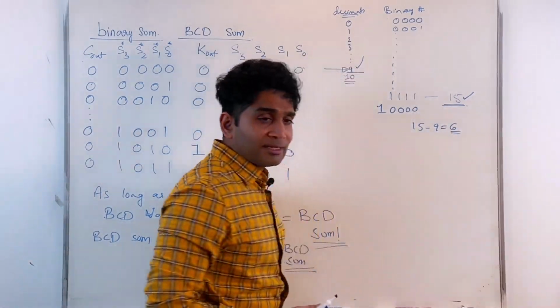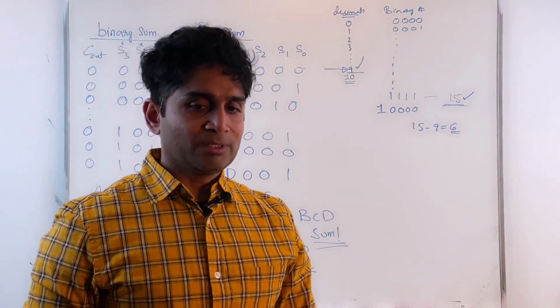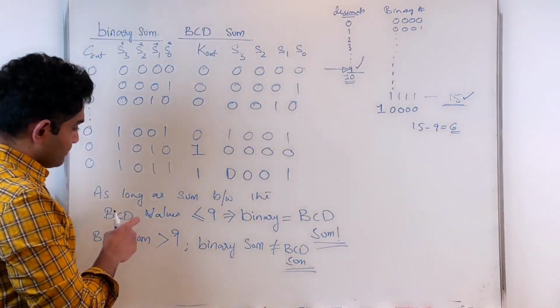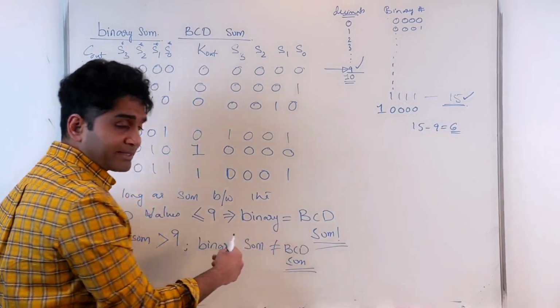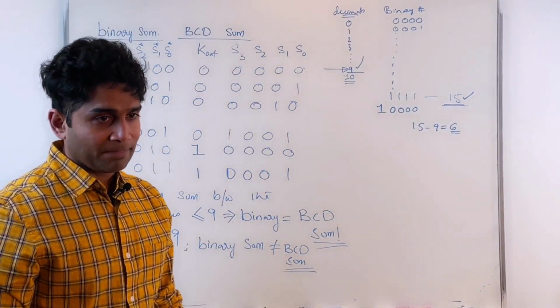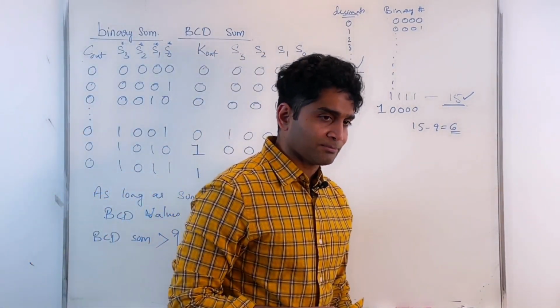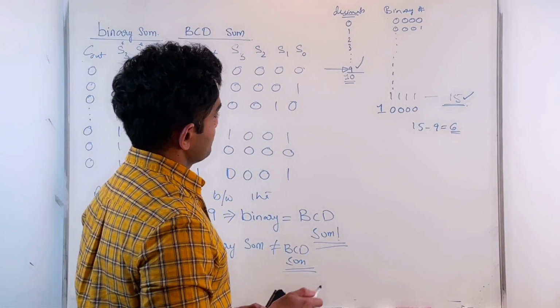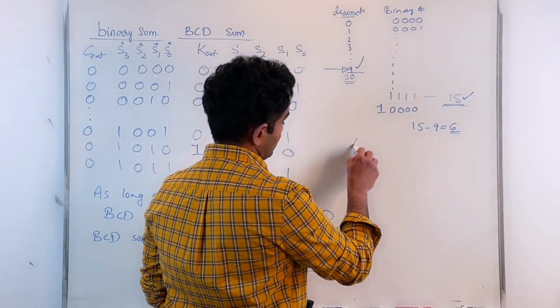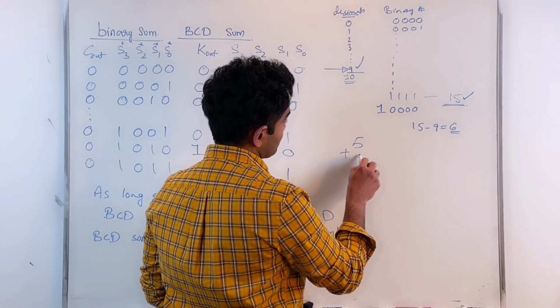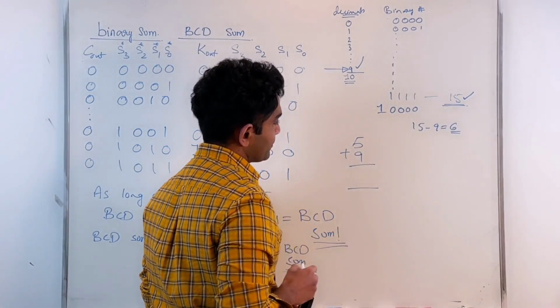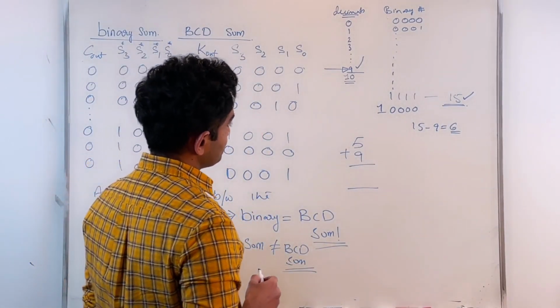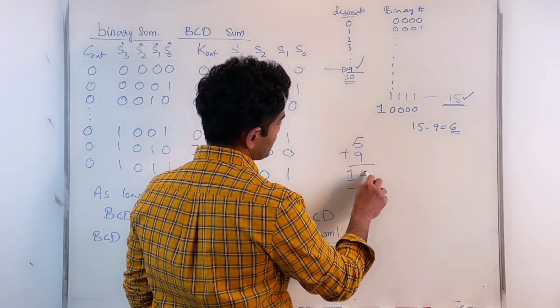So if I add a factor of 6 to my binary sum every time it exceeds 9, then I will produce the right BCD sum. Just as an example, 5 plus 9 is 14. 1, 4.